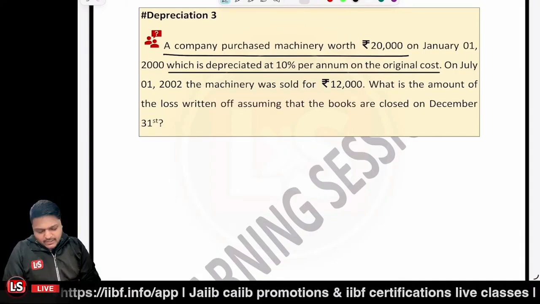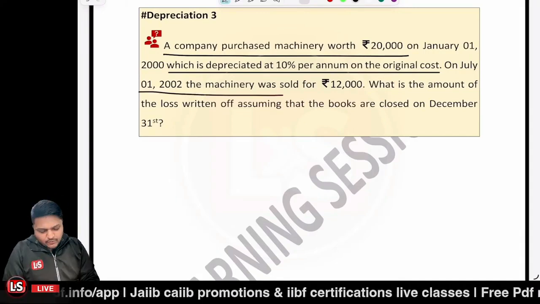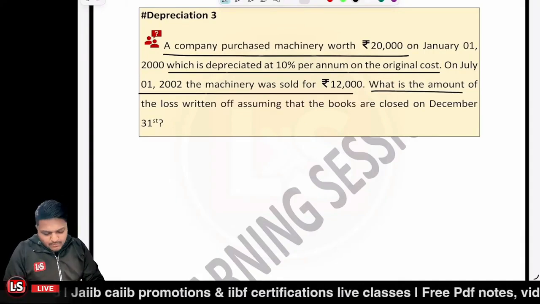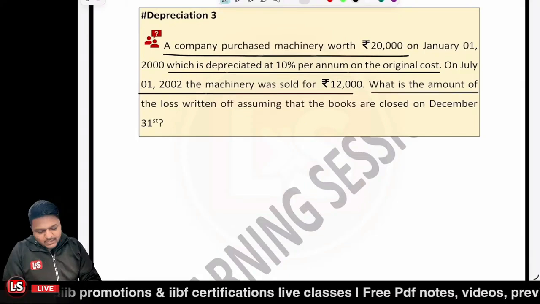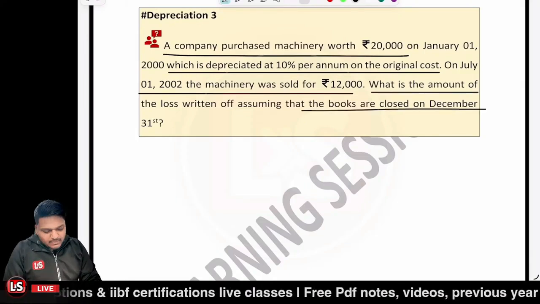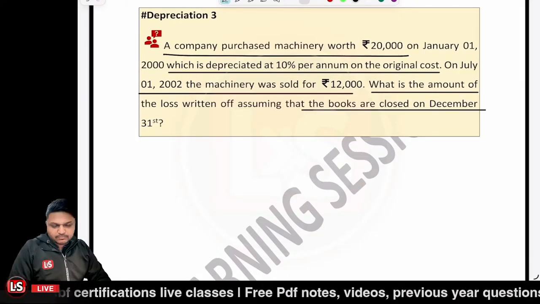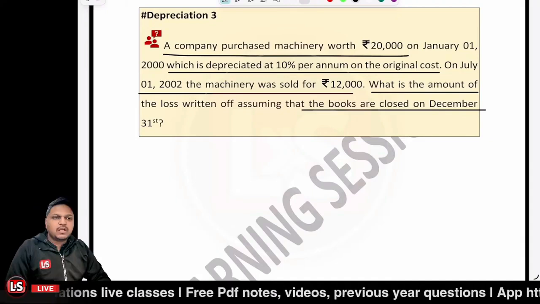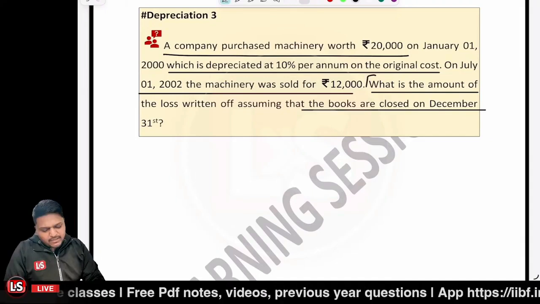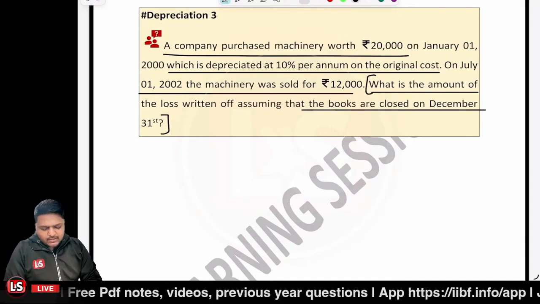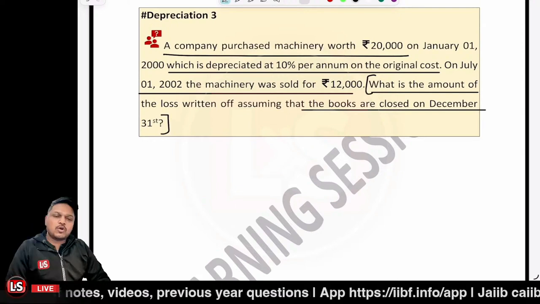On July 1, 2002, the machinery was sold for rupees 12,000. What is the amount of loss written off assuming that the books are closed on December 31st? Now they have clearly given that we are considering that the books are closing on calendar year basis, not on financial year basis.